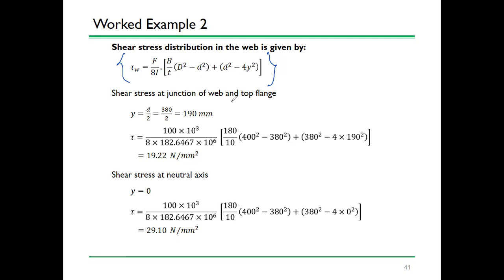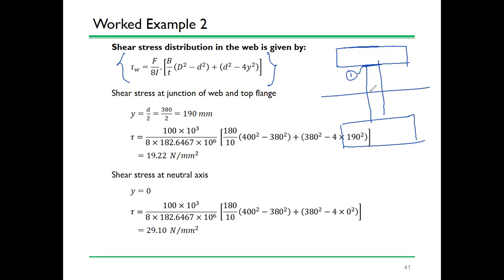So tau web is equal to this. And shear stress at the junction. So if you are dealing with a web, like I said earlier, we deal with this part, and also at the neutral axis.